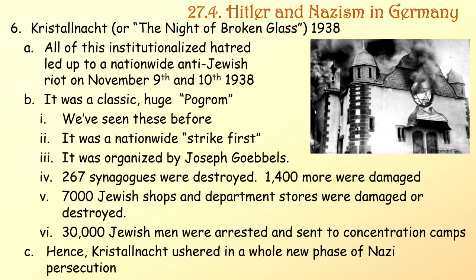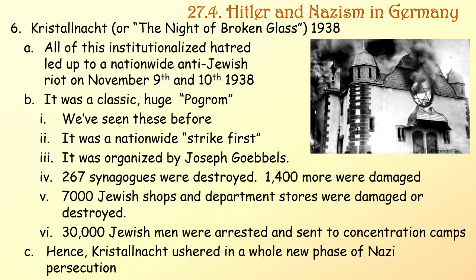Kristallnacht, or the Night of Broken Glass, 1938. All of this institutionalized hatred led up to a nationwide anti-Jewish riot on November 9th and 10th, 1938. It was a classic huge pogrom. We've seen these before, and this was a nationwide strike first.